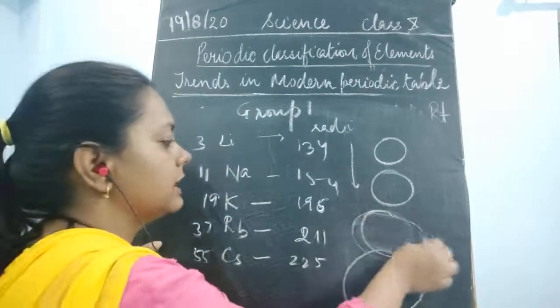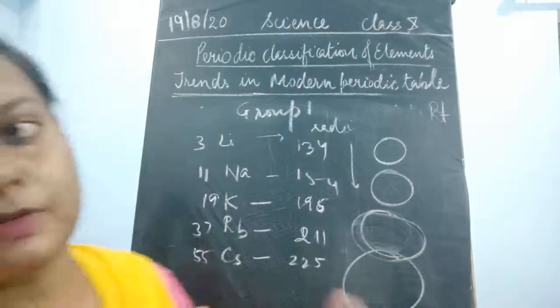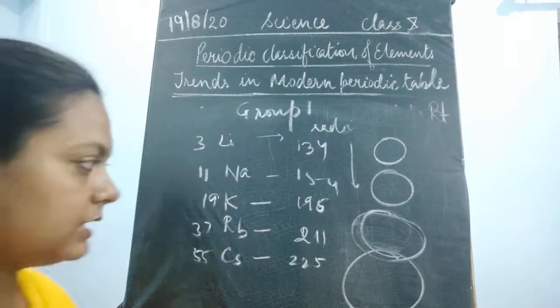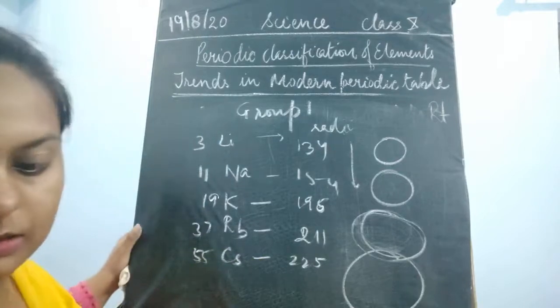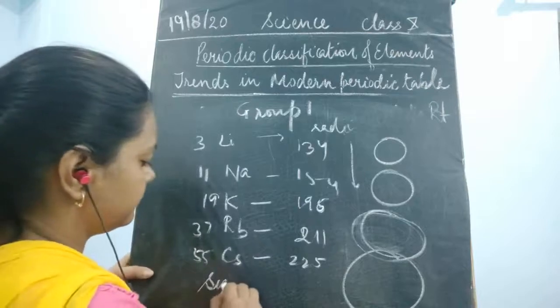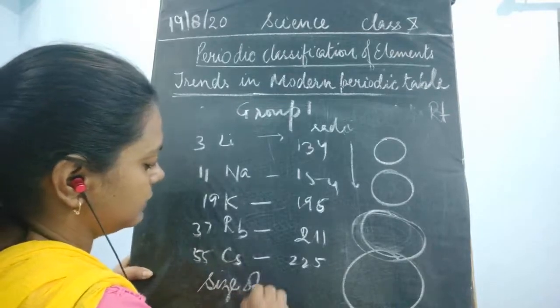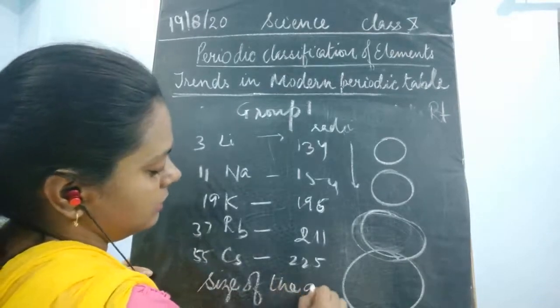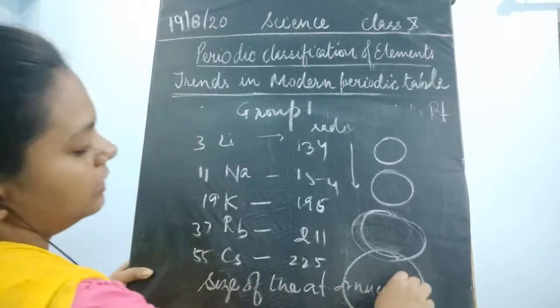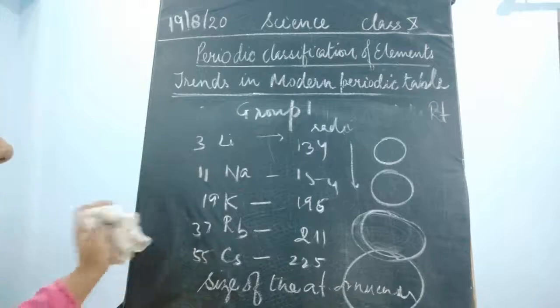So for satisfying this atomic number, the number of shells will also increase, and when the number of shells increases, it increases the size of the atom. Okay, so this increases the atomic size.